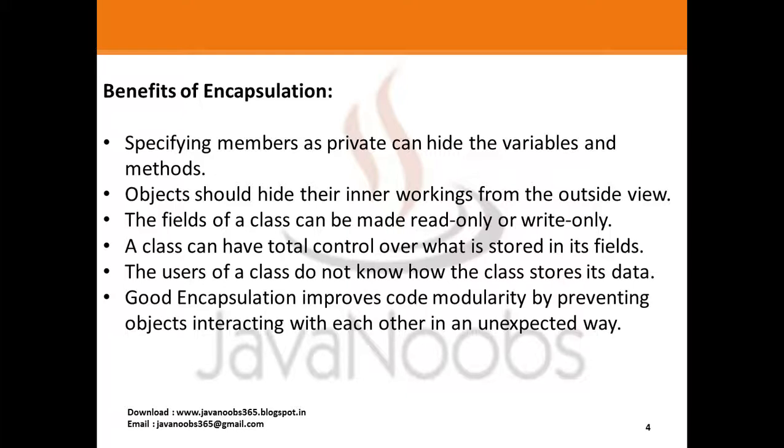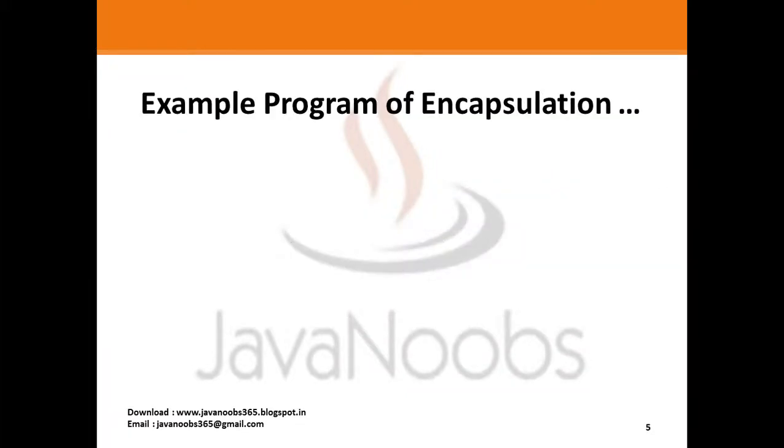Specifying members as private can definitely hide the variables and methods. Every object should hide its inner workings from the outside view so that nobody can know what exactly is happening. To understand these benefits of encapsulation, the best way is for me to show you an example of a program of encapsulation.